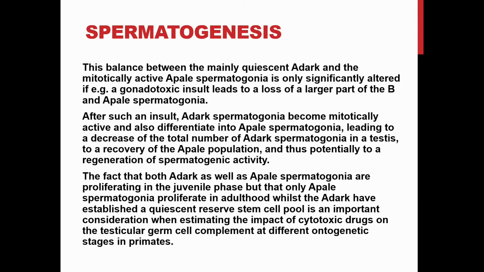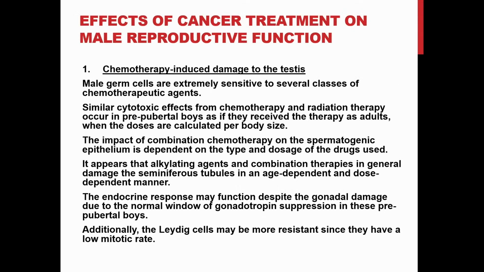After such an insult, the A dark spermatogonia become mitotically active and also differentiate into A pale spermatogonia. This leads to a decrease in the total number of the A dark spermatogonia in the testes, to a recovery of the A pale population, thus potentially to regeneration of the spermatogenic activity.